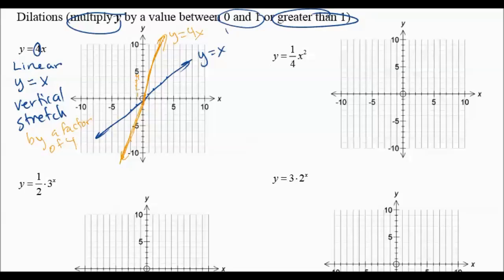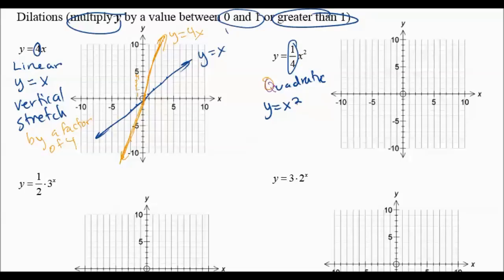Now let's look at another type of function. In this case, we have y is equal to 1/4 x squared. That x squared tells us that this is a quadratic function, and we know that the quadratic parent function is y equals x squared. So if the parent function is x squared, then the 1/4 is being multiplied to y.